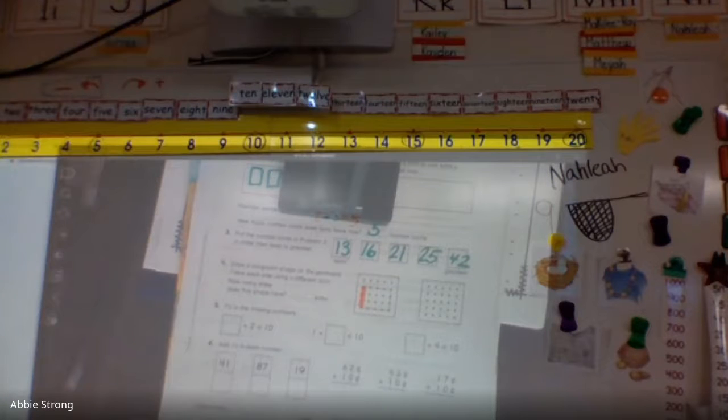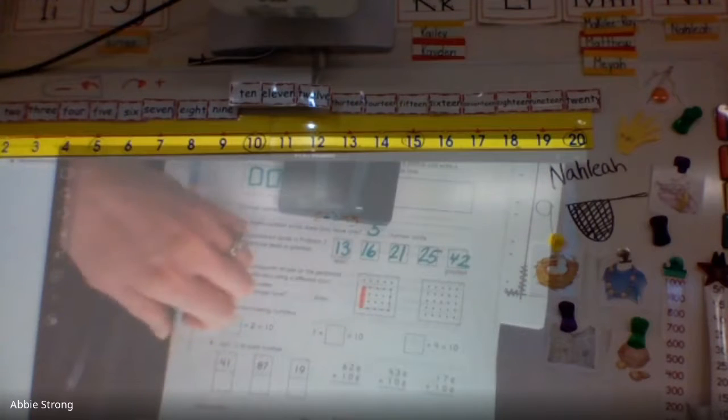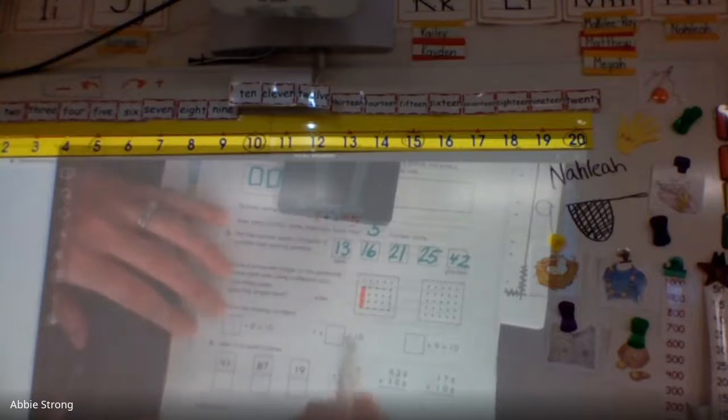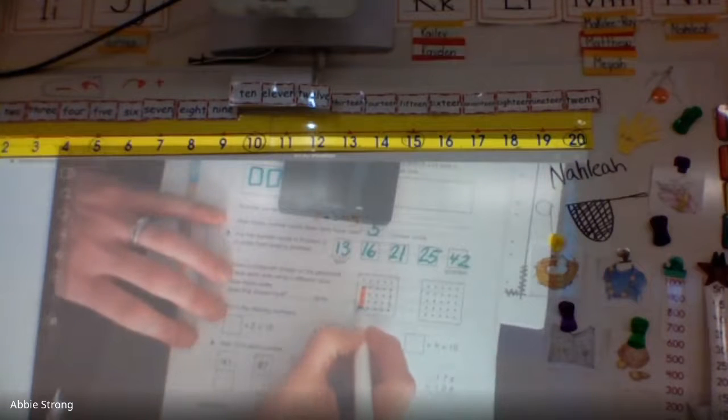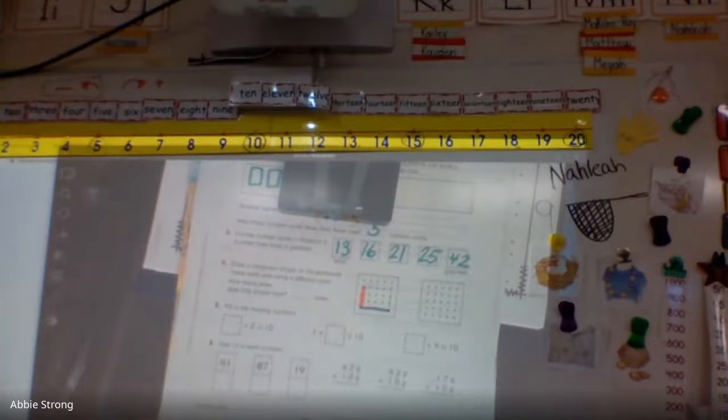All right, let's take our second color. We're going to count how many dots we cross as we are drawing our line horizontally, the wide direction. Ready? 1, 2, 3, 4, 5. This one is 5 dots wide.